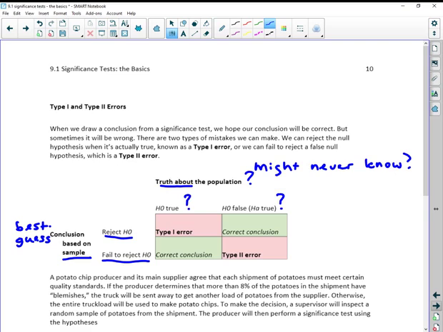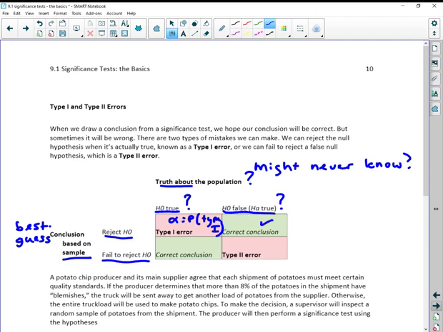If the null is true and we've rejected the null, we have committed a type 1 error. The probability of that happening is going to be our alpha. Or if the H0 was false and we rejected it, well, we made the correct conclusion.